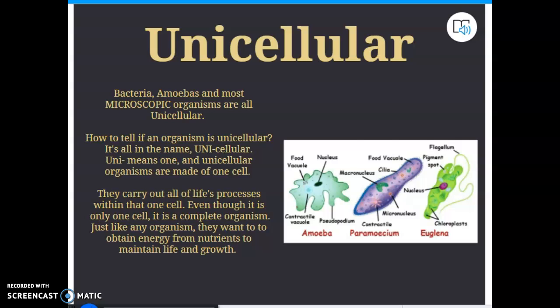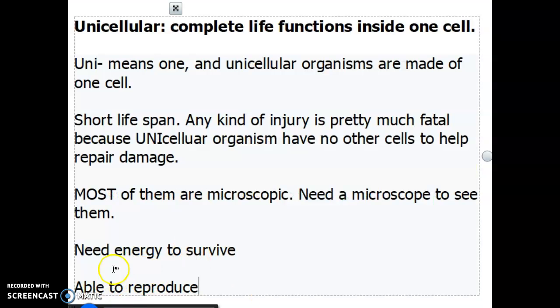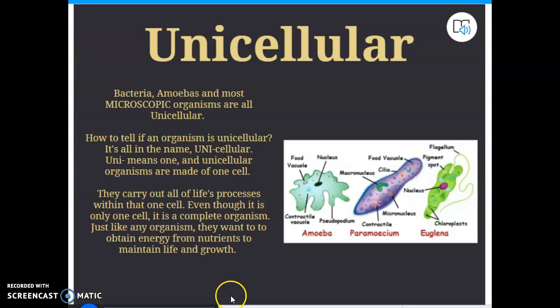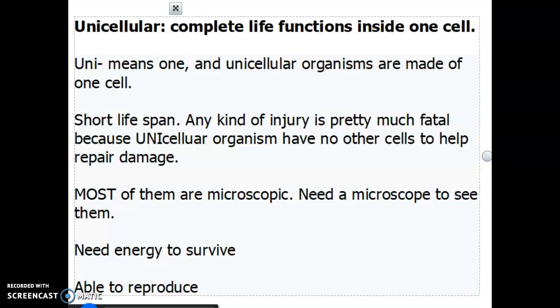So I'll jump to this slide really quickly. I just jotted down they need energy to survive, and they are able to reproduce. If we take a look at just the slide and our notes, I think we all feel fairly comfortable, and people in here are nodding, saying, yeah, Mr. Bullens, I remember a majority of this stuff that you've told me about unicellular organisms.